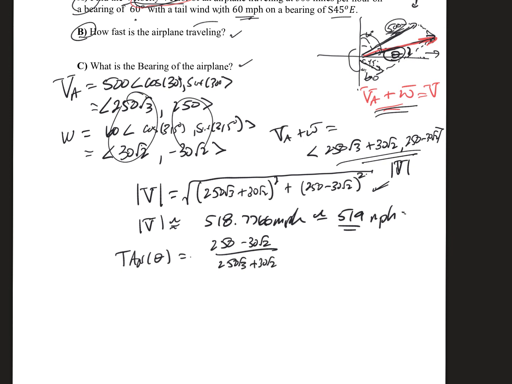And so when we put this together, theta is the inverse tangent of that fraction. Let me cut to the chase. What you end up with here is 23.5858 degrees. All right, so again, let me bring the picture down here.